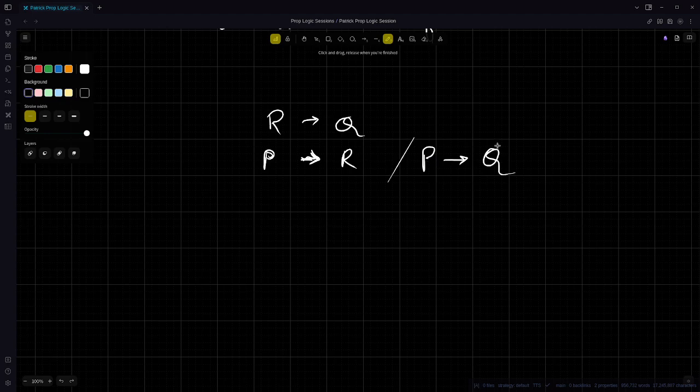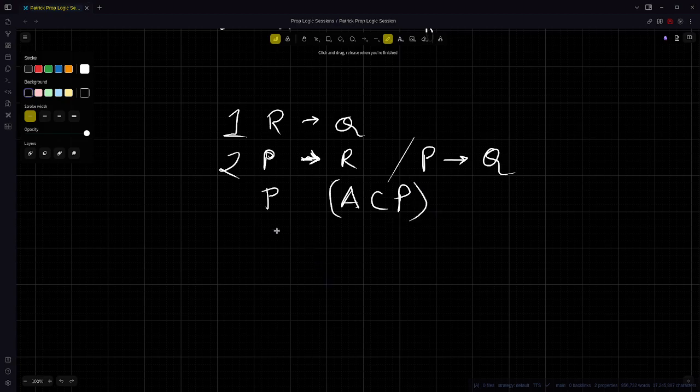So this is what you want to prove, right? P implies Q. And you have these two premises. Now what I can do is assume P to be true. It's just an assumption. You can write assumption for conditional proof.